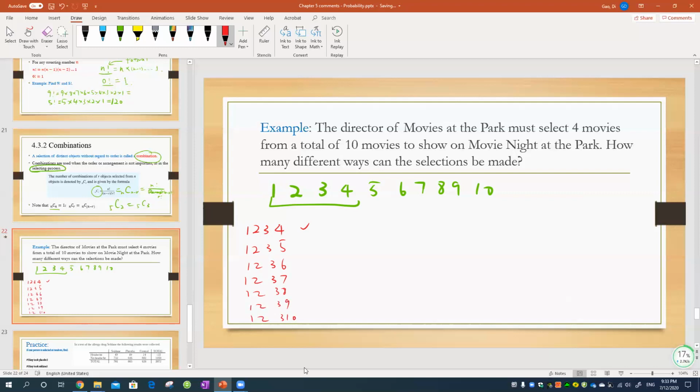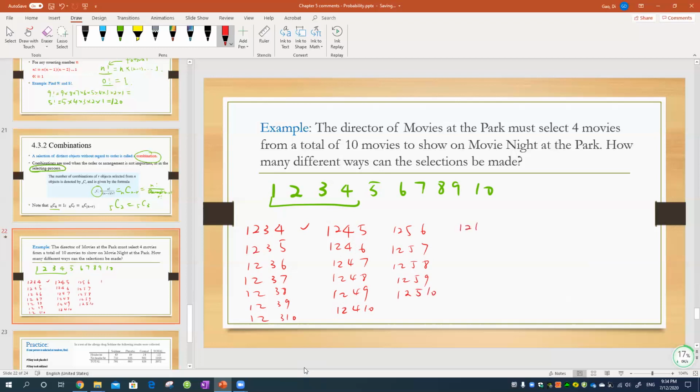So that's all for 1, 2, 3, and then we can have 1, 2, 4, 5; 1, 2, 4, 6; 1, 2, 4, 7; 1, 2, 4, 8; 1, 2, 4, 9; 1, 2, 4, 10. And then we have 1, 2, 5, 6 up to 1, 2, 5, 10.